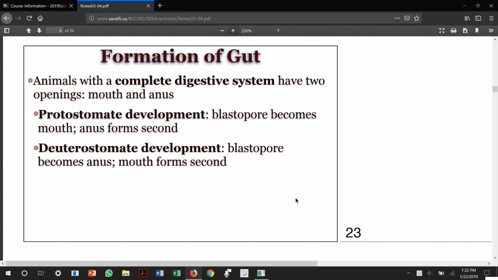So proto, first, stoma meaning mouth or opening. So basically in protostomate development, the mouth forms first. In other words, the blastopore, that first opening, becomes the mouth, and the anus is added afterwards. In deuterostomate development, deutero, second, the blastopore becomes the anus, and the mouth forms second in the development of those organisms.